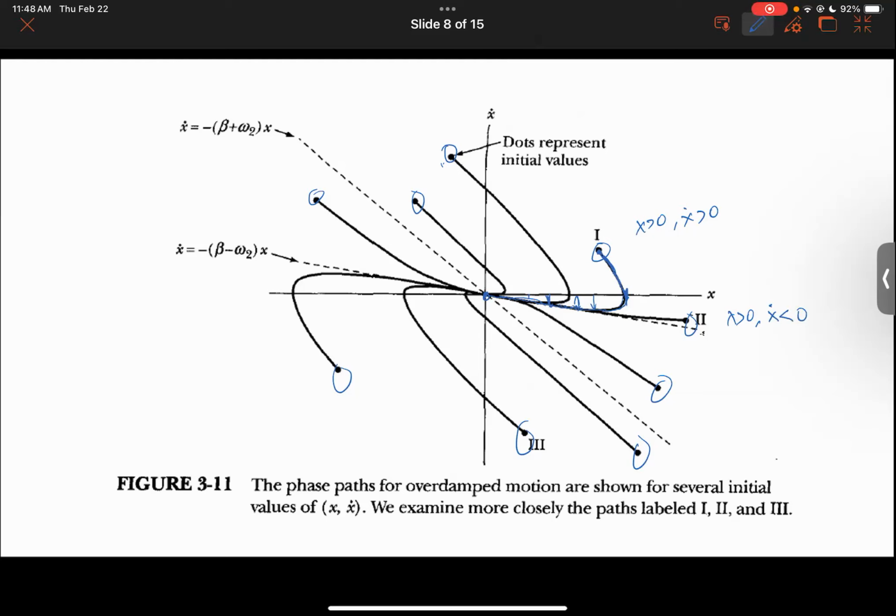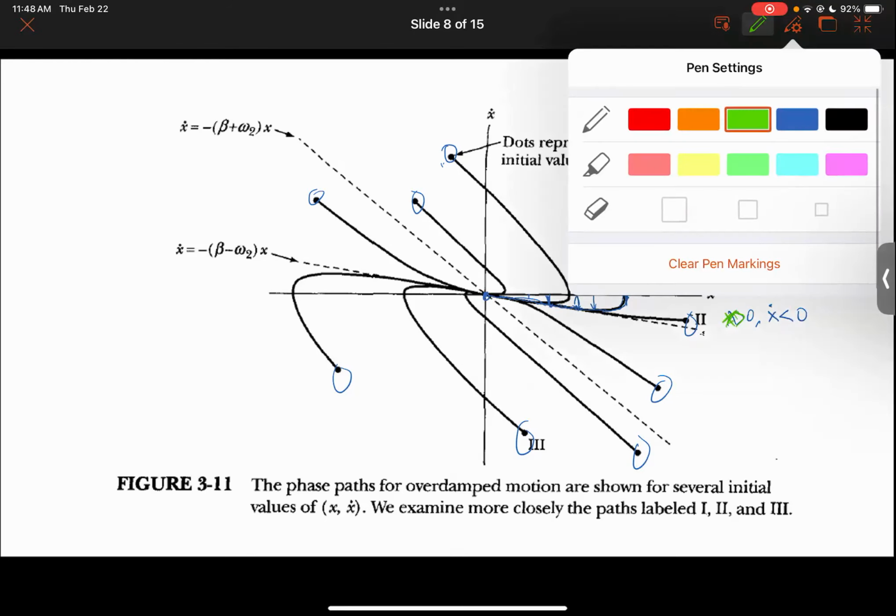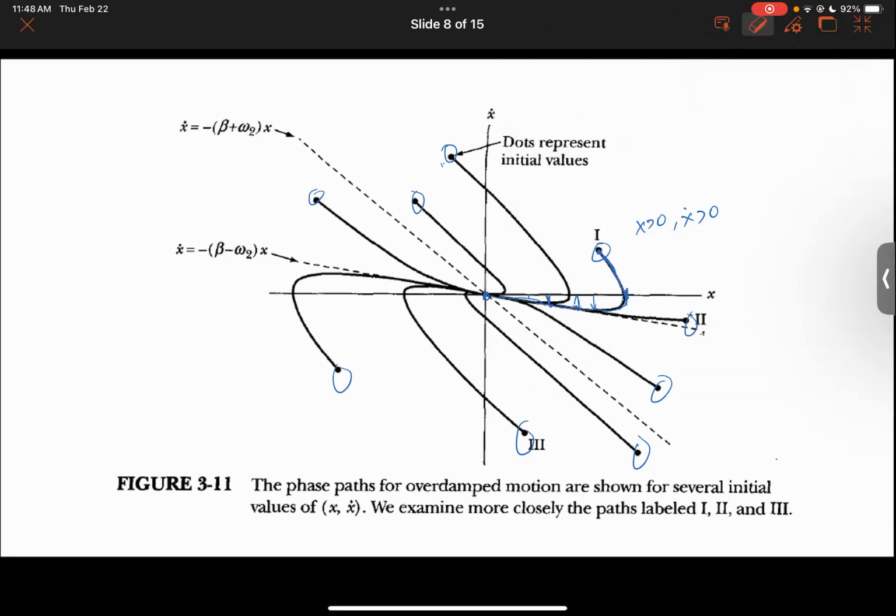In this case, magsa-start pa rin siya. Okay, so gawin natin green yan para lang ma-differentiate. Okay, in this case, magsisimula pa rin siya from this position, but it no longer goes to the maximum position. Okay, just goes straight to the equilibrium position.